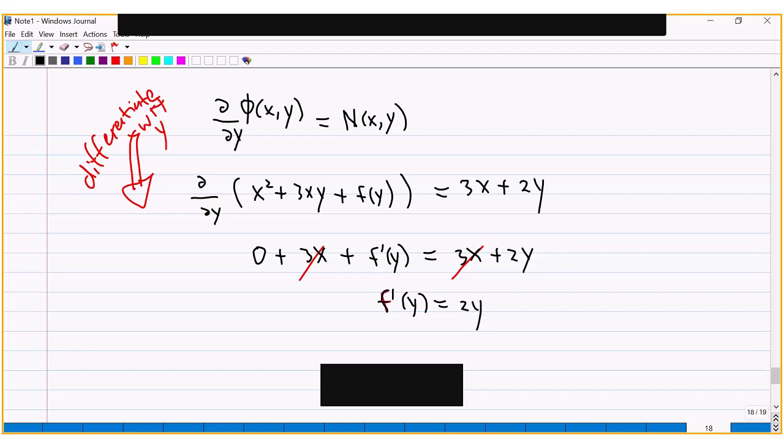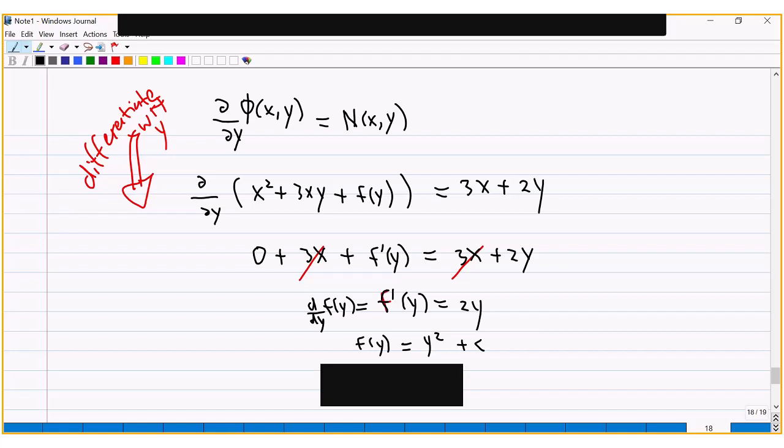So that means that y is y now. The function f, differentiate the f, right? That means differentiate with respect to y, you get 2y, right? So where is fy now? Fy, integrate both sides, of course you get y squared, because differentiate y squared with respect to y, you get 2y. So fy is equal to y squared plus a constant.